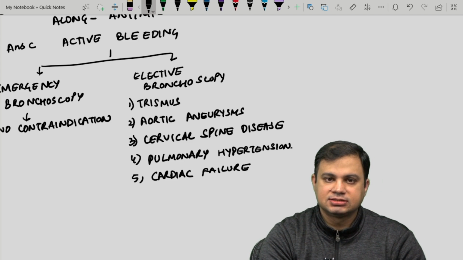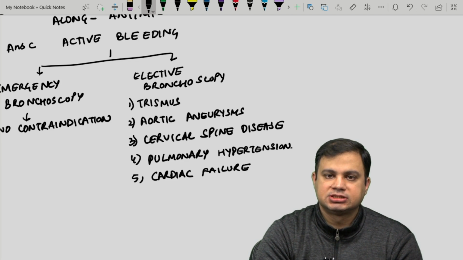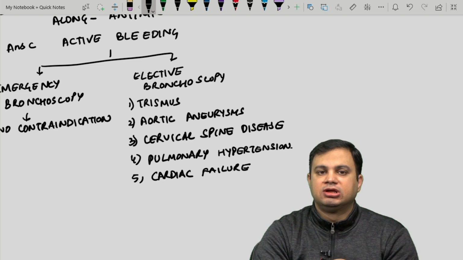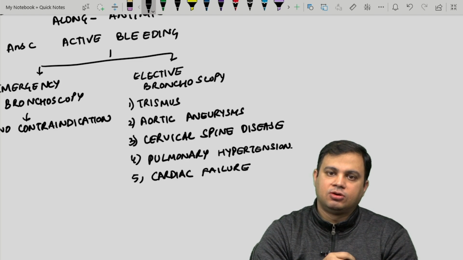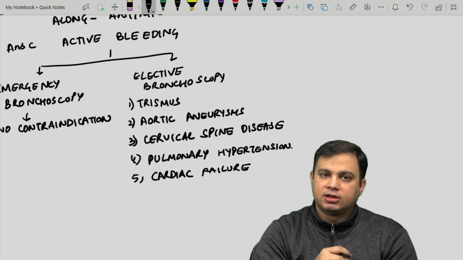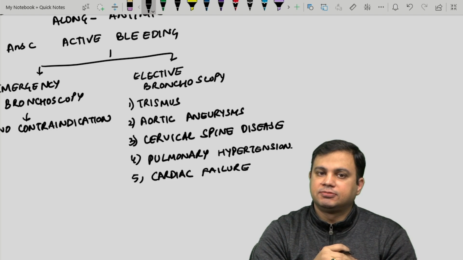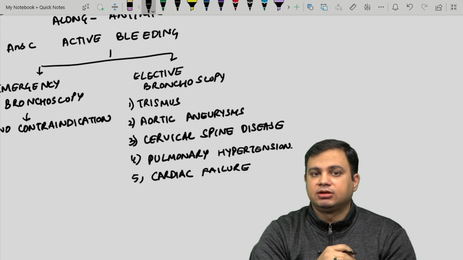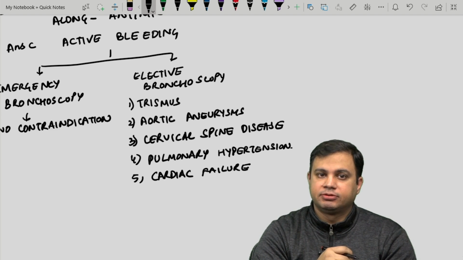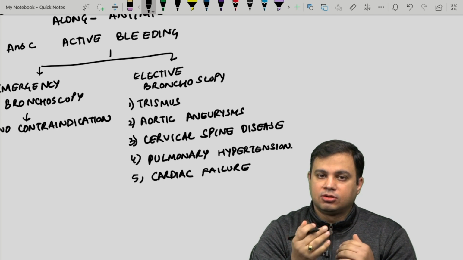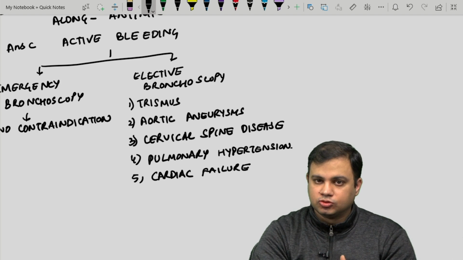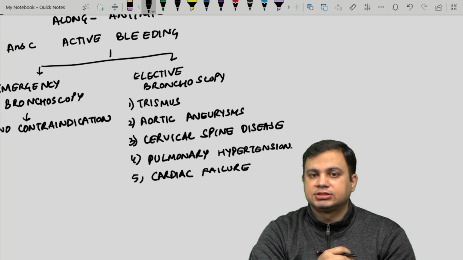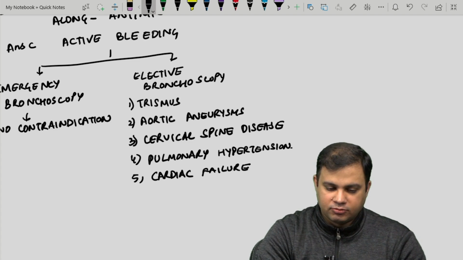So, these are some of the contraindications: a problem in the cervical spine, whether it is an inflammatory condition or a metastatic lesion, an aortic aneurysm, the patient being unable to open the mouth as in trismus, cardiac failure or pulmonary hypertension. So, these are the contraindications for an elective bronchoscopy. There is no contraindication in case of an emergency bronchoscopy.